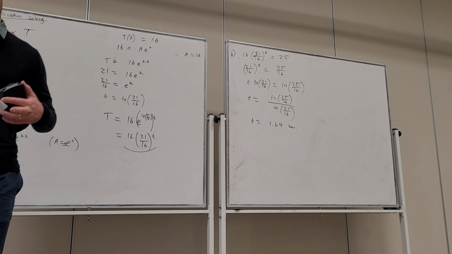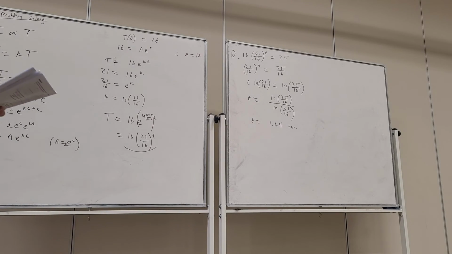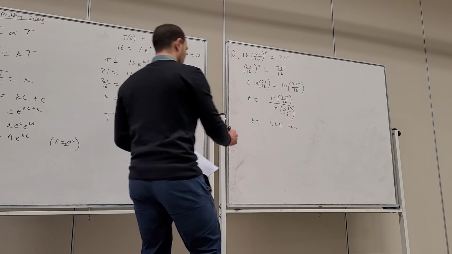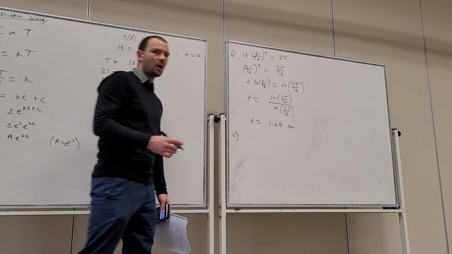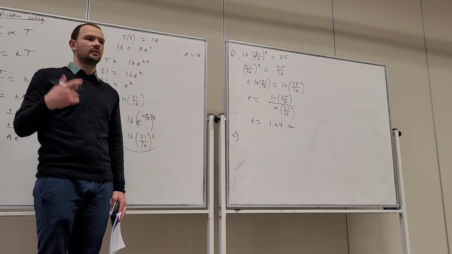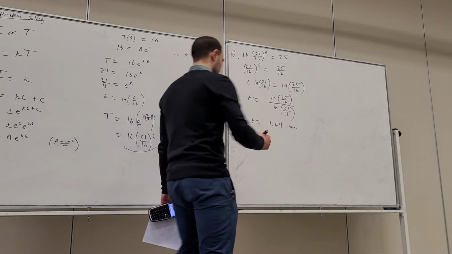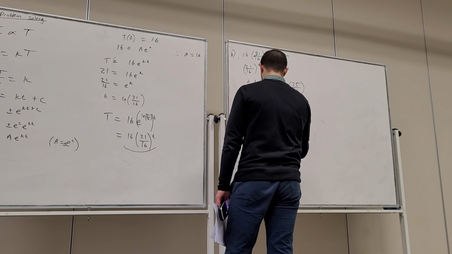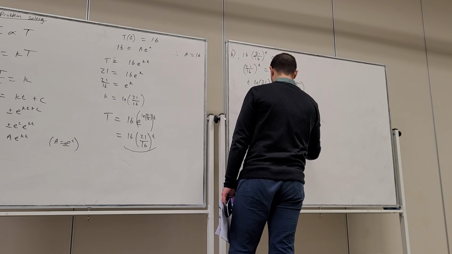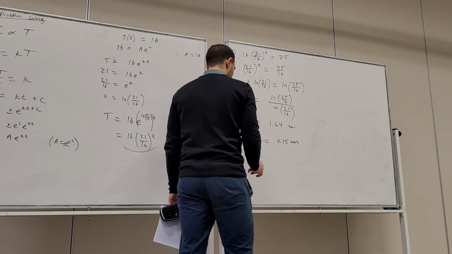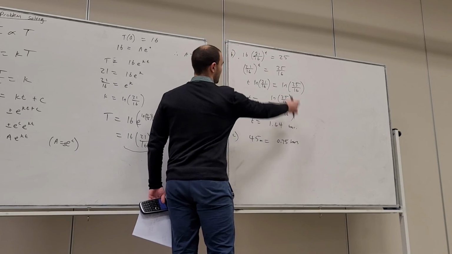Alright, next one says, what is the temperature after 45 minutes? So our unit for time is hours, so we need to consider that 45 minutes is 0.75 hours. Okay, so therefore we're going to put that period of time into the equation.